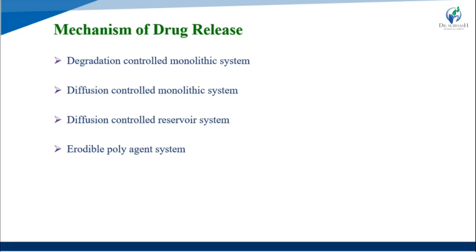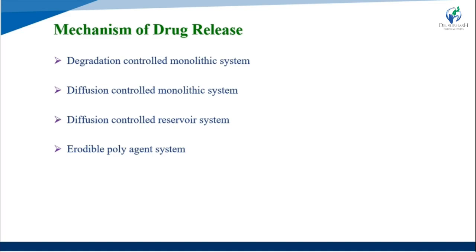Now the mechanism of drug release. First, degradation controlled monolithic system. A monolithic system has only one component present, so it is called monolithic. Then diffusion controlled monolithic system, then diffusion controlled reservoir system, and then erodible poly agent system.